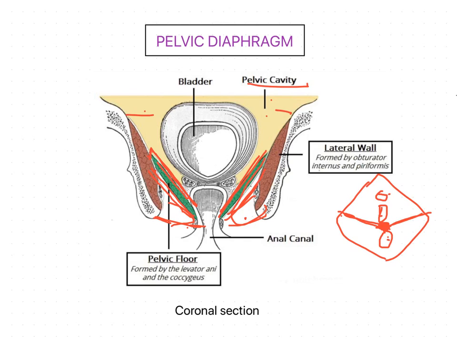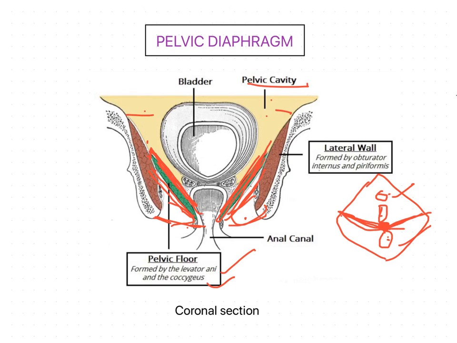How is this pelvic floor formed? Normally the pelvic floor is formed by the pelvic diaphragm, which consists of the levator ani muscles and the coccygeus muscles. It appears as a gutter because it slopes from either side towards the median plane, where it is traversed by the urethra and the anal canal.